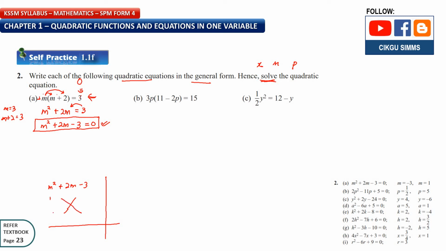You just refer to the answer. Okay, sorry, this one is 1, right? Because 1 times 3, 3 minus 1.